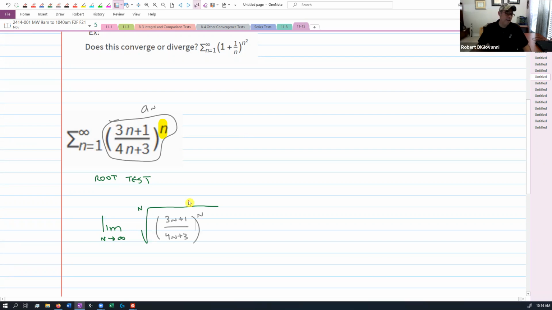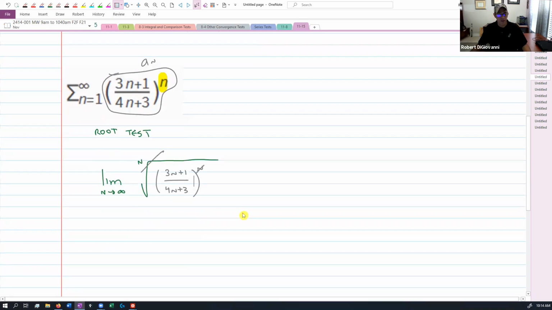And do you see why the nth root test works nice here? You're taking the nth root of something to the nth power. And so the nth root and the nth power cancel each other out. And so all you're left with is the limit as n goes to infinity of 3n plus 1 over 4n plus 3.